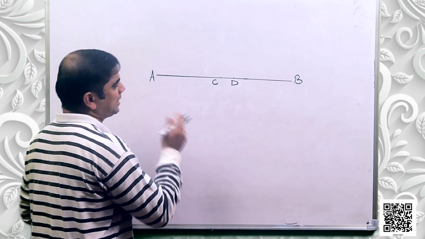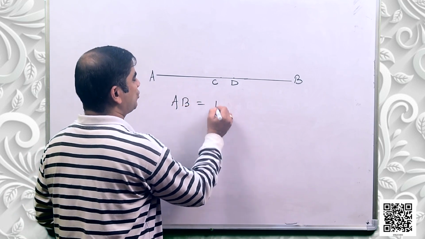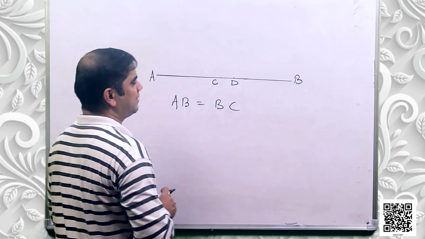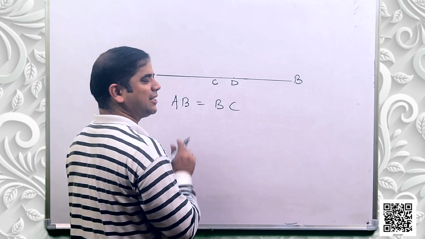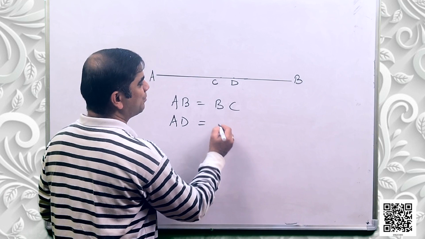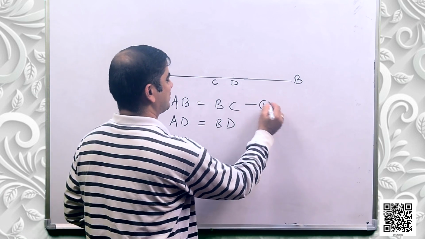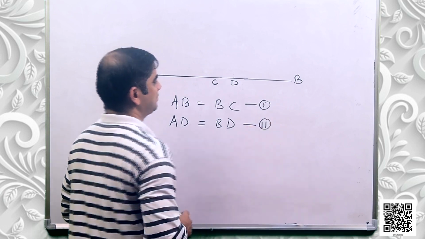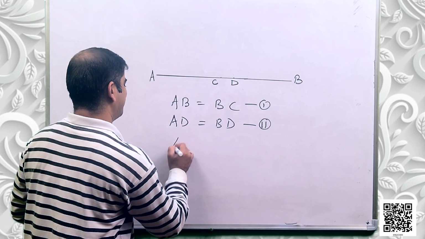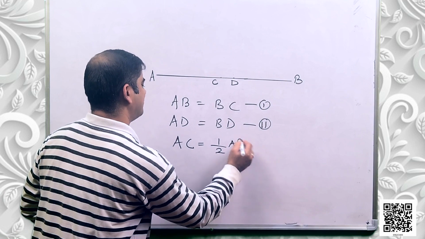As per the given data, AC is equal to BC. C is the midpoint and D is another midpoint. That means AD is equal to BD. This is equation 1 and this is equation 2. If I take AC, that means it is half AB.